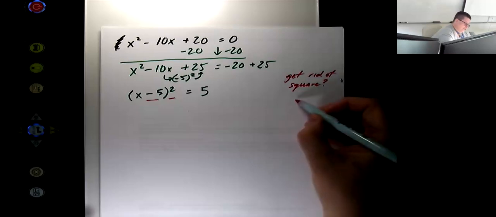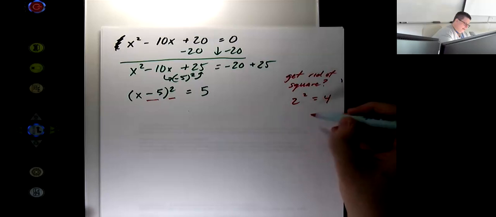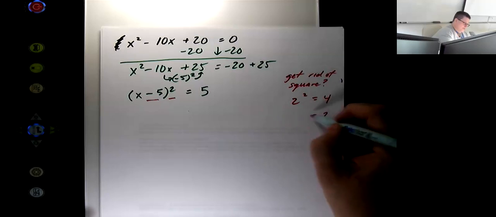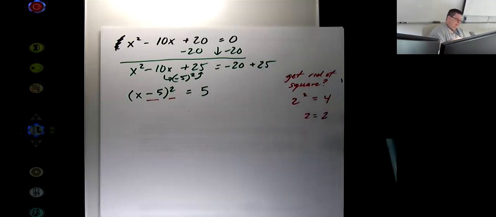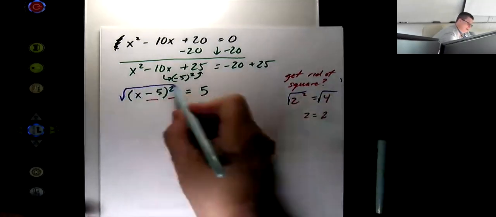Like if I had 2 squared equals 4, how do I get this side down to 2? By finding the root, right? So finding the root is the key. We would do roots there, we're going to do roots here.